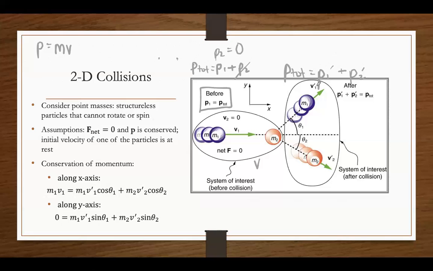So P total equals P1 prime plus P2 prime.